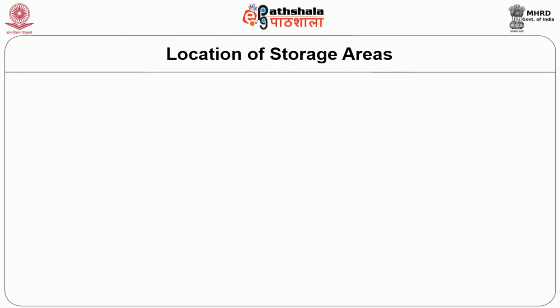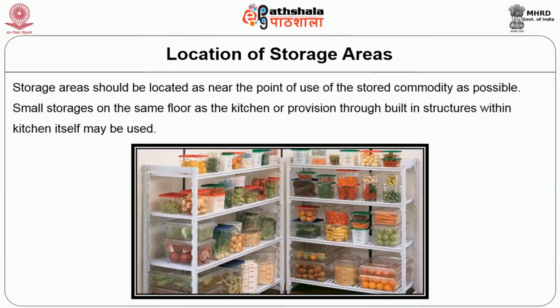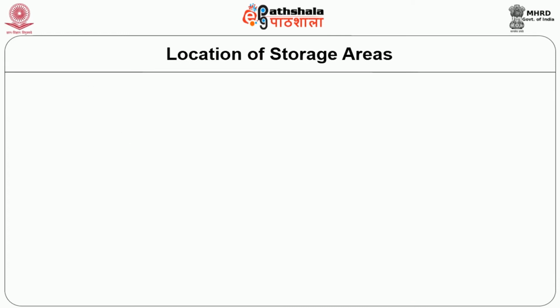Now we'll move on to see the location of storage area. Storage area should be located as near the point of use of the stored commodity as possible. Small storages on the same floor as the kitchen or provision through built-in structures within the kitchen itself may be used.